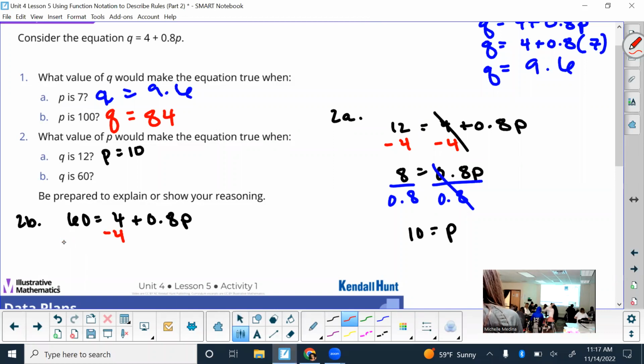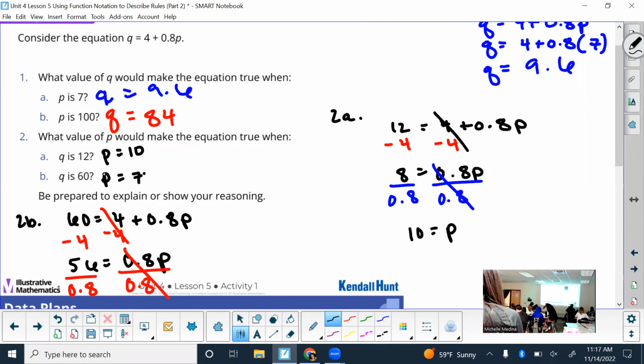Start with what's farther from the P. Whatever you do on one side of the equal sign, you do to the other side. Inverse operations, that means doing the opposite of what's being done. So instead of multiplying, we divide. And yes, when you put that in your calculator, P is 70.